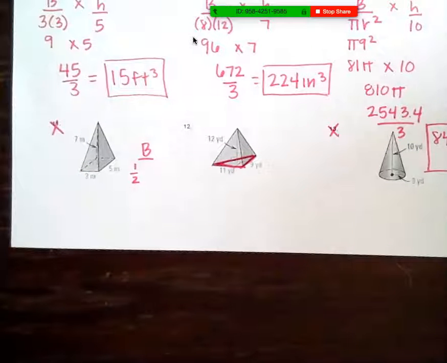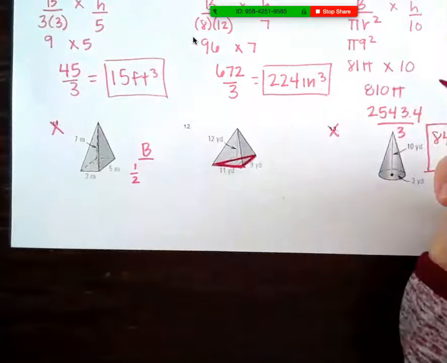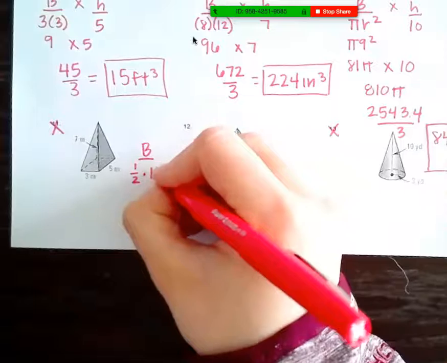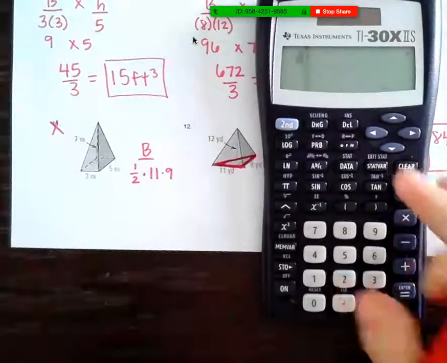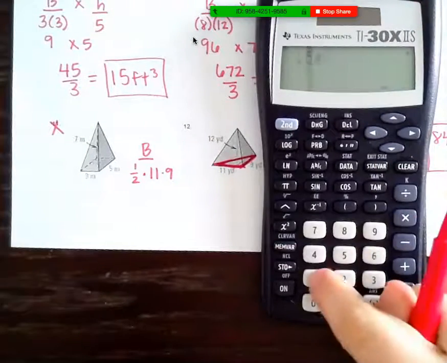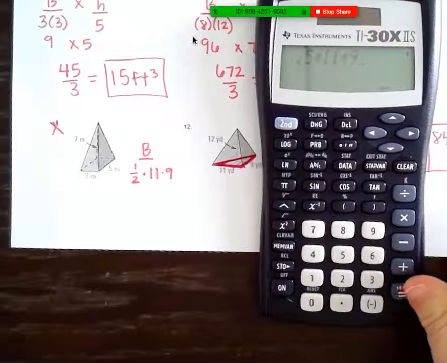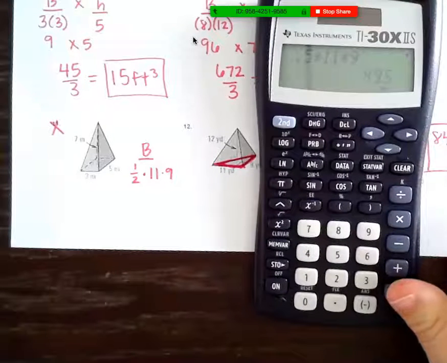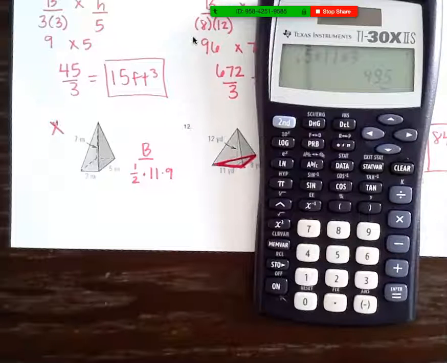Yep. 11 and 9. Yep, perfect. Let's figure out in our calculator what half times 11 times 9 is. 49.5.